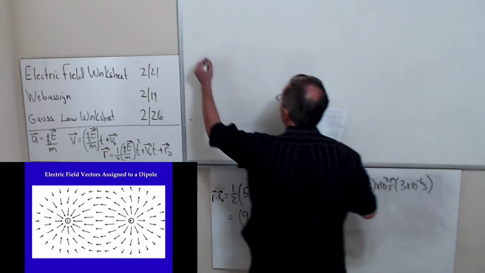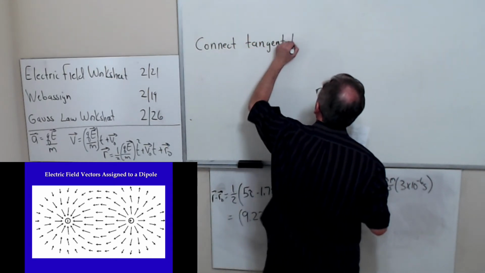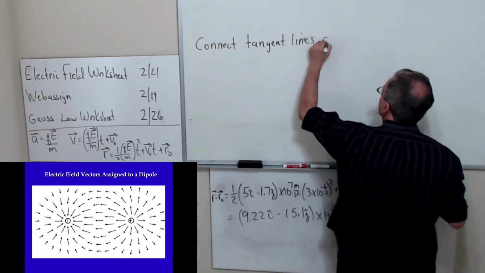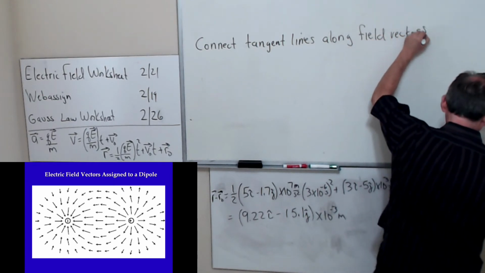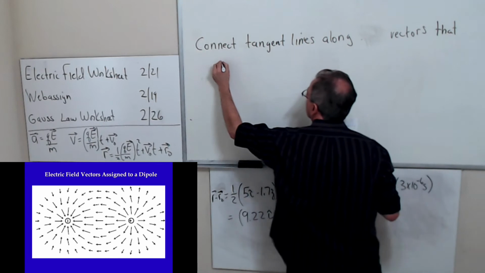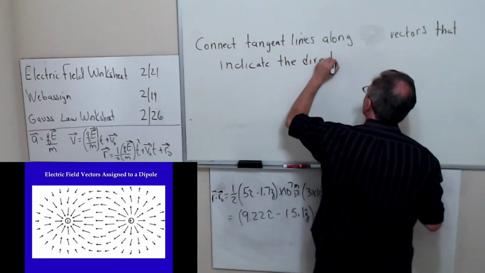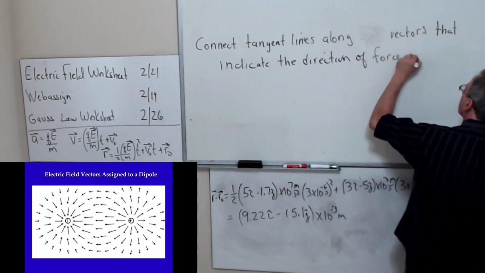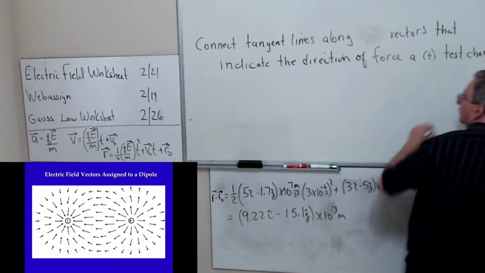So let me write this down. Let's say I connect tangent lines along field vectors that indicate the direction of force a positive test charge would experience.